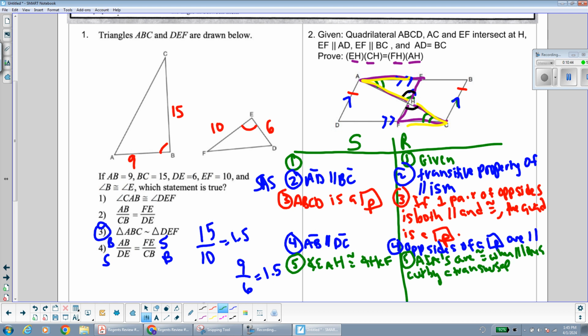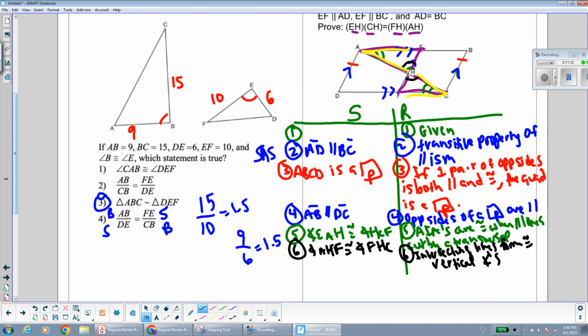And now I just need to put in those vertical angles. Angle AHF is congruent to angle FHC because intersecting lines form congruent vertical angles.